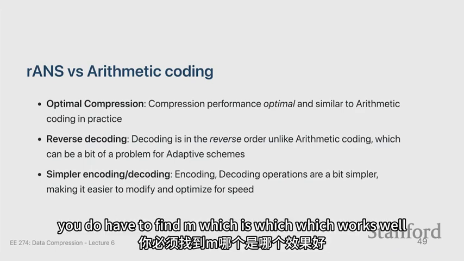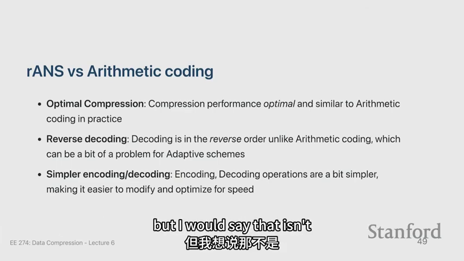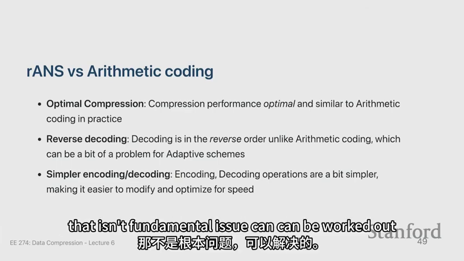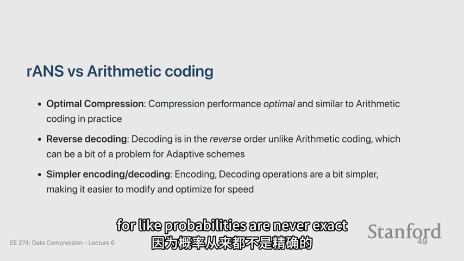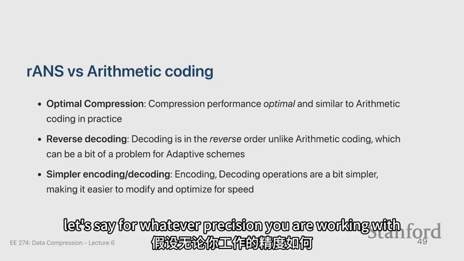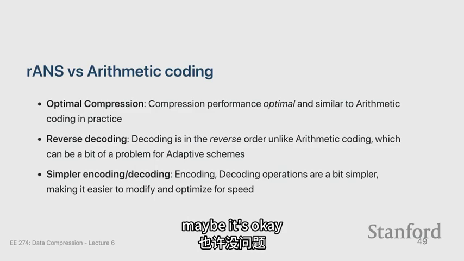Yes, you do have to find an m which works well. But I would say that isn't a fundamental issue. It can be worked out. Take m large enough, since probabilities are never exact, for whatever precision you are working with, maybe it's okay.